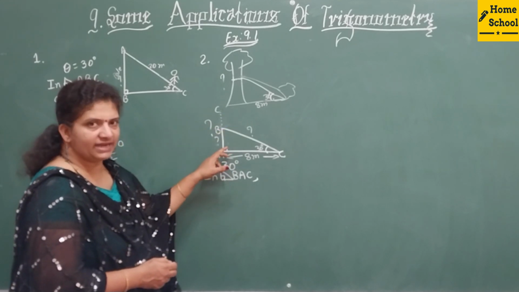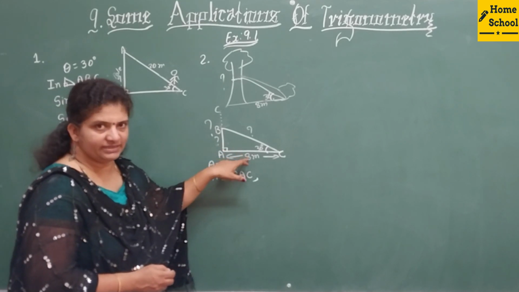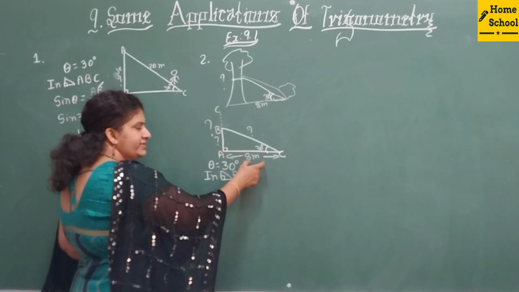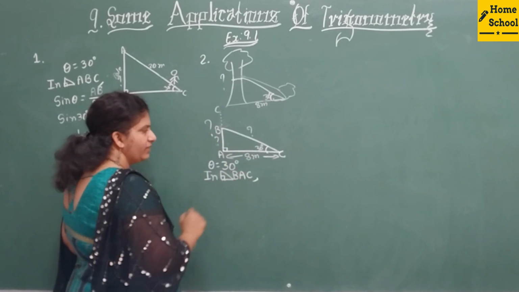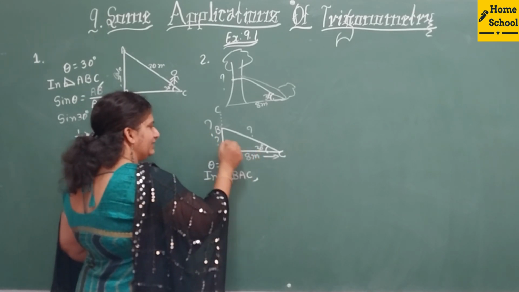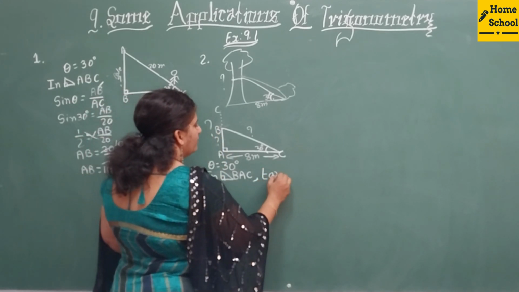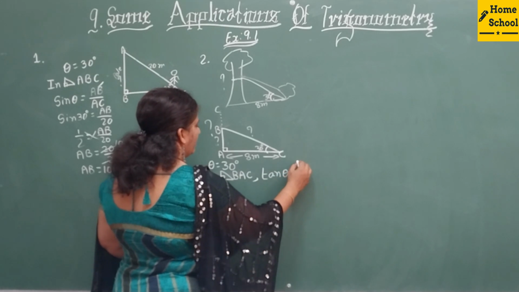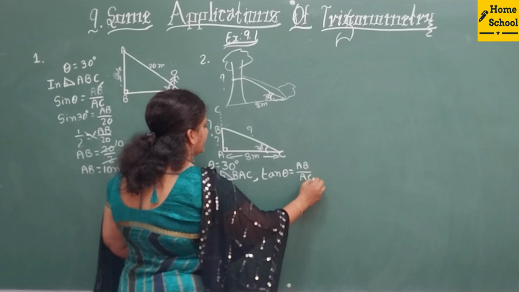You don't know in this right triangle opposite and hypotenuse. You know adjacent. First, with the known side, one unknown side you take and find the value. That means adjacent, opposite. Which ratio? Tan. Tan theta is equal to opposite by adjacent.